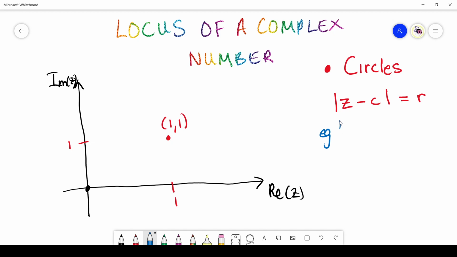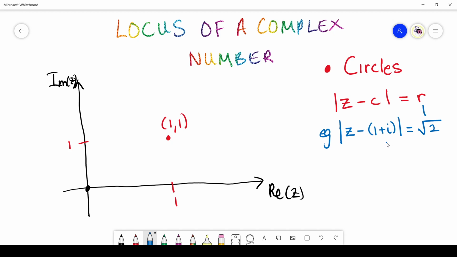So let's just say you had something like this: z minus, and the complex number you're given is 1 plus i, and that is equal to, let's just say, the square root of 2 over there, because the radius, of course, for that is the square root of 2. Just so you guys know, when I said the radius, I meant this up here.